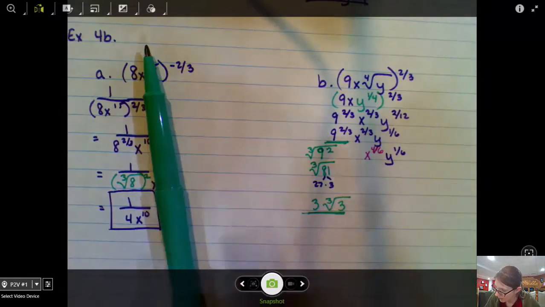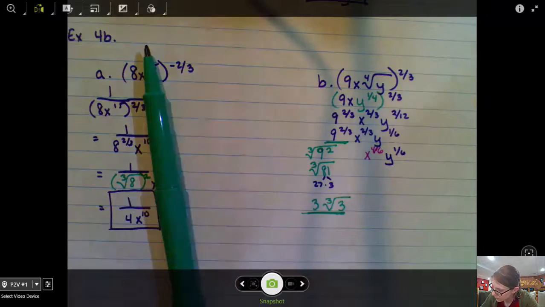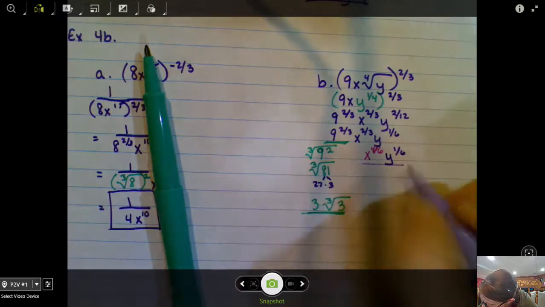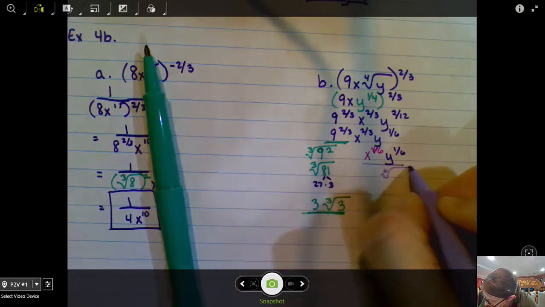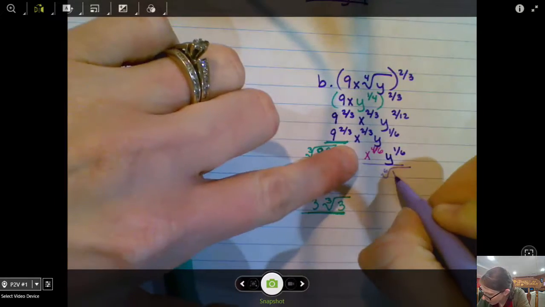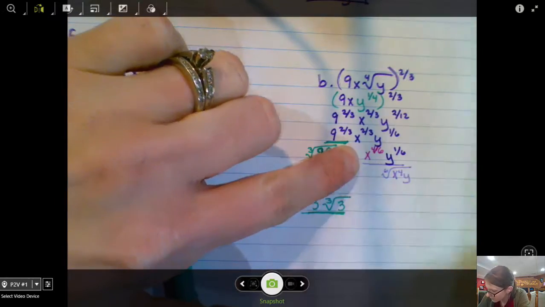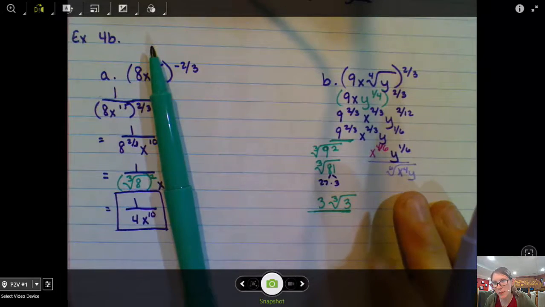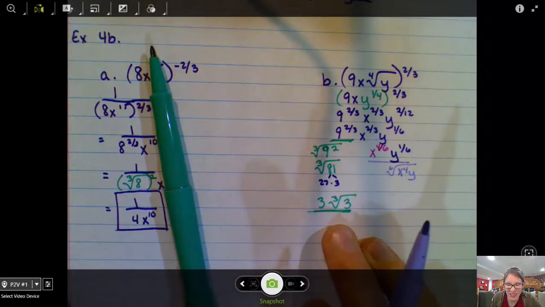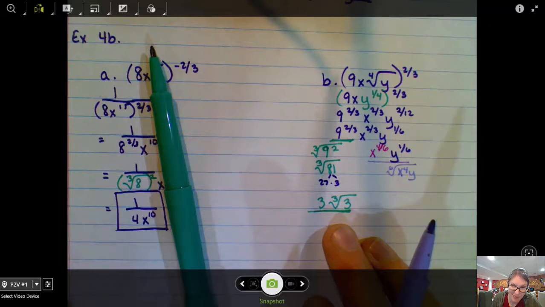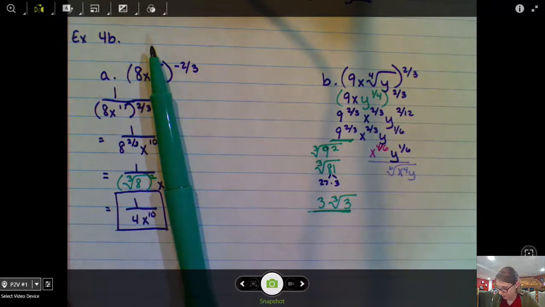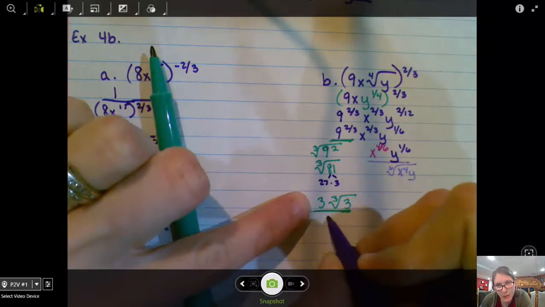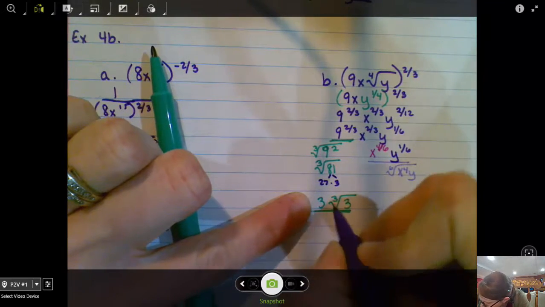Okay, so if I combine these two pieces, I get the 6th root of x to the 4th y. Okay, so I have the 6th root of x to the 4th y here, but then I have this cube root over here. Well, shoot. So I'm going to look back. I have this 3 pulled out in front of everything.